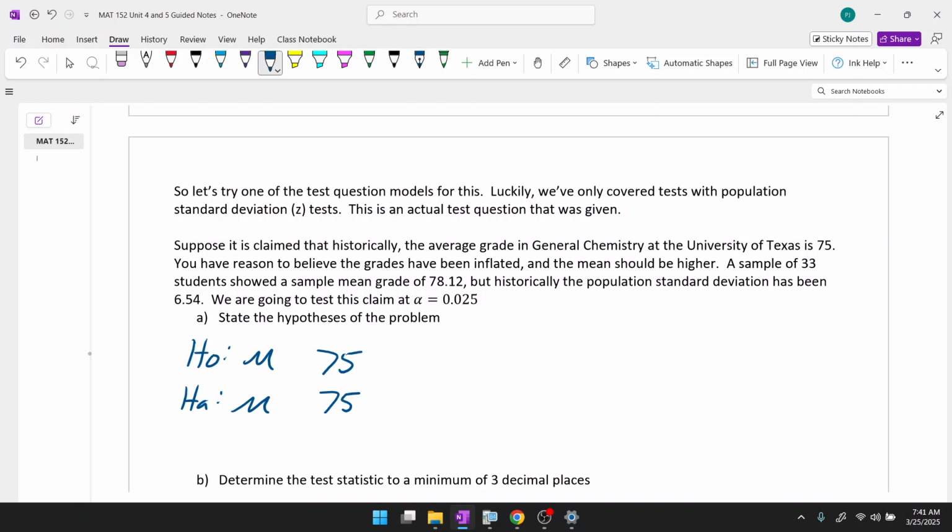And since we think it's higher and the sample mean given to you is actually higher, the alternative is going to be greater than. Now the null, we could put less than or equal to, or the null will simply be equal to 75.